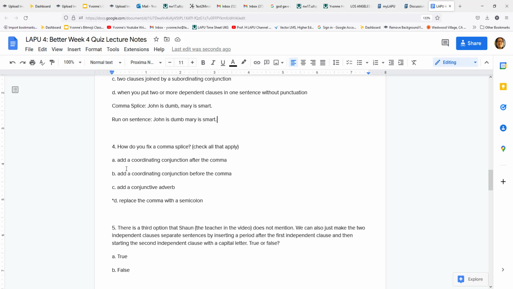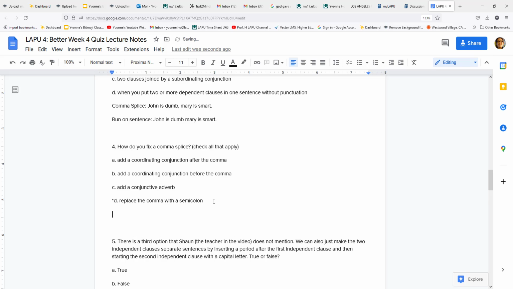How do you fix a comma splice? Here is the same thing. You replace the comma with a semicolon. So if I want to say John is dumb, semicolon, and then Mary is smart, I corrected this mistake by adding a semicolon.